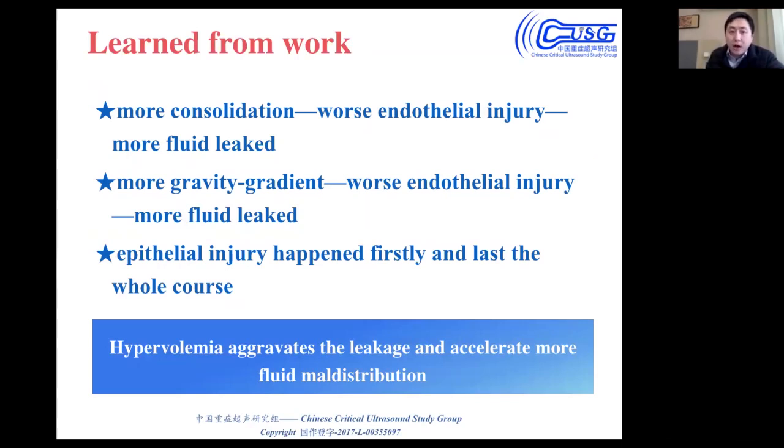So the non-ultrasound and other imaging methods like chest CT and chest X-ray are more valuable for us to recognize the endothelial injury and realize the fluid leakage.